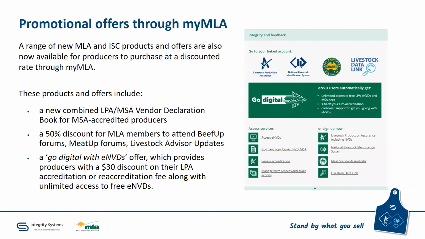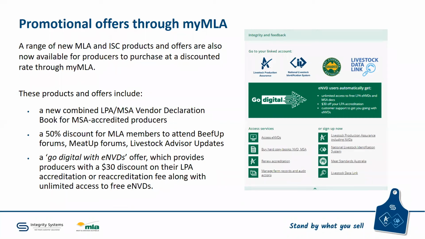As I mentioned before, there are promotional offers on that myMLA home screen, because that's where you have to go to get to your LPA account. It's a good place to make sure people are aware of what discounts are available to them. If you haven't completed your LPA accreditation recently, you may not be aware that there are new combined vendor declaration books that combine your LPA and your MSA vendor dec books.